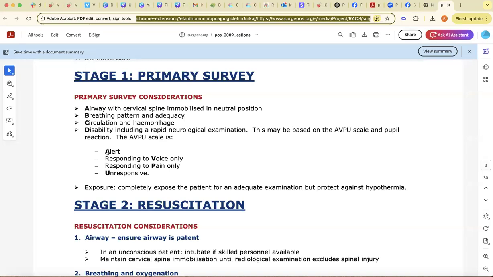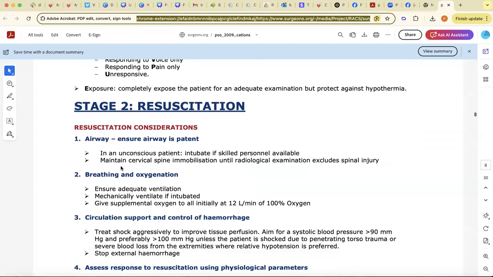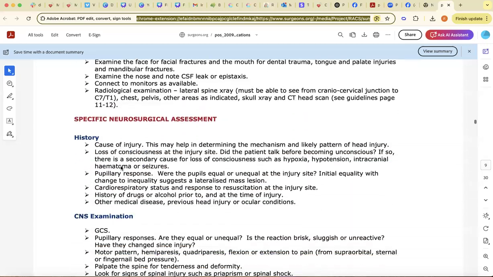That means if the patient is alert, if not alert, whether they are unresponsive, whether they are responding to voice or pain. And expose the patient to find out any other injury anywhere in the body. So that's A, B, C, D, E for primary survey for any patient who comes to us after a motor vehicle accident. The stage 2 is resuscitation as we go through.